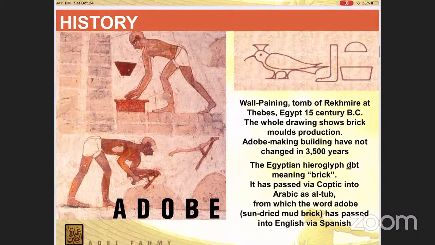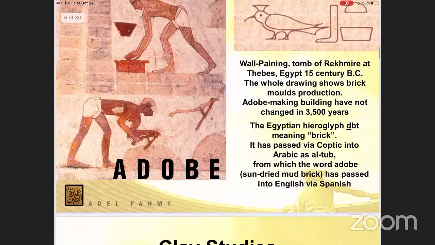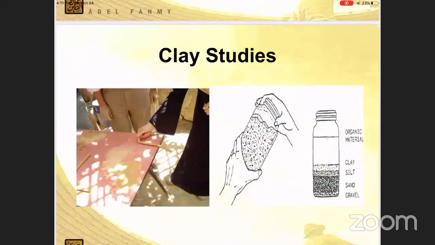So we know now the advantage of clay. We know now that clay is one of the best solutions to build our houses. So we started to study clay, to make investigation in clay, to know exactly what kind of clay is appropriate to use in the architecture, to use in production of bricks, plastering, and so on.